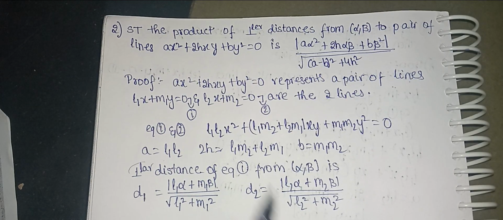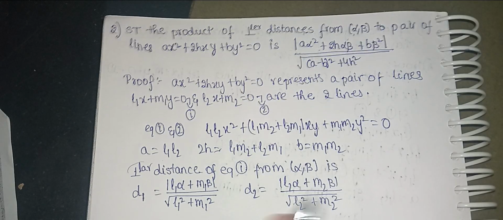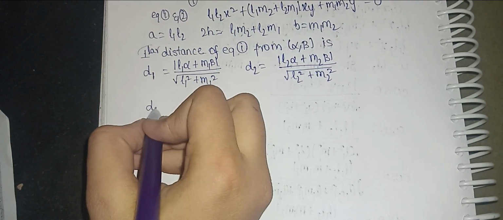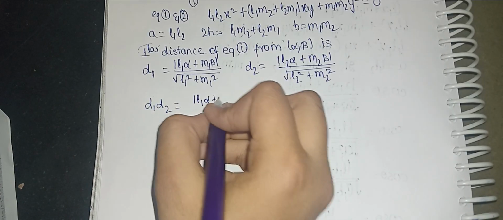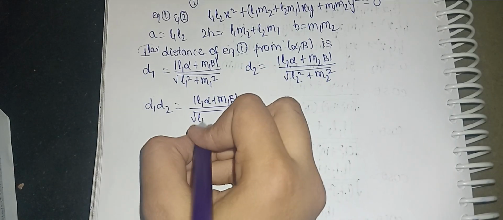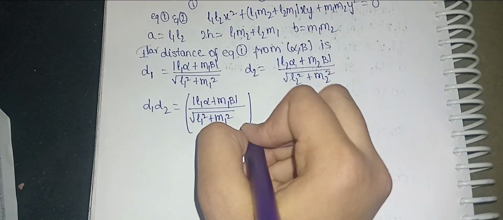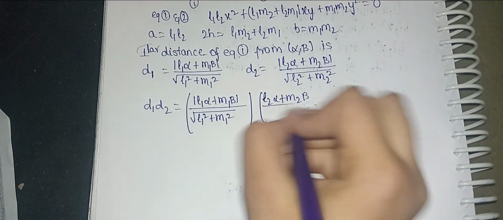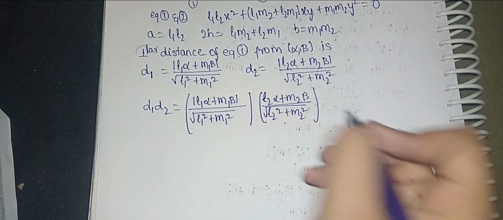Similarly, we have to do. Now they are asking product. Product means we have to multiply. We have to multiply D1 and D2. Means mod L1 alpha plus M1 beta by root over L1 square plus M1 square into L2 alpha plus M2 beta by root over L2 square plus M2 square.